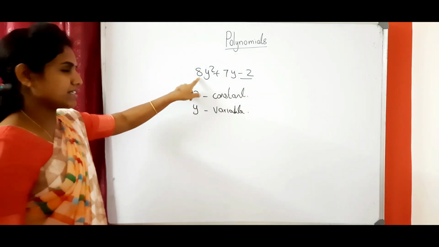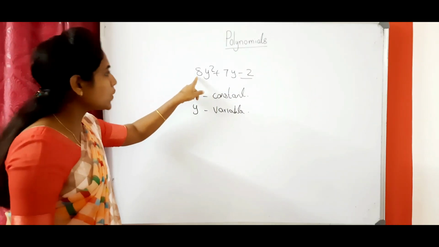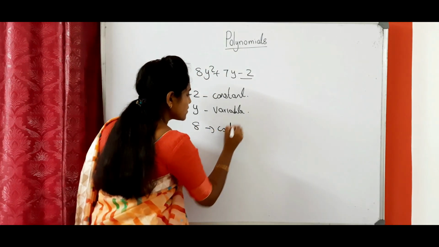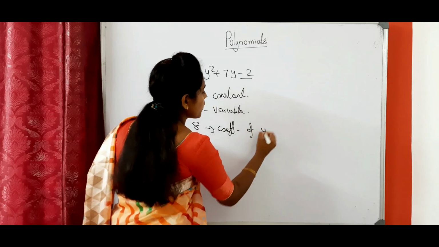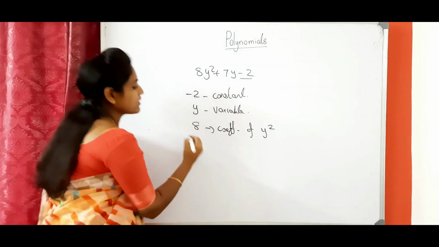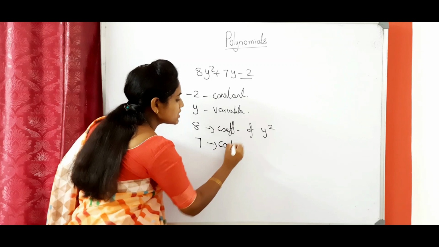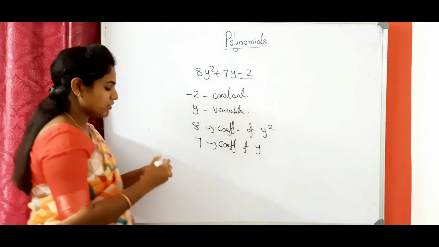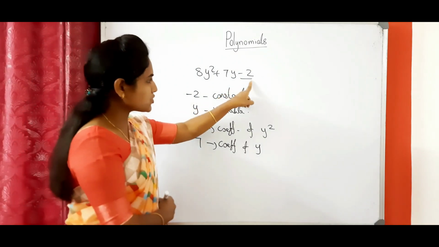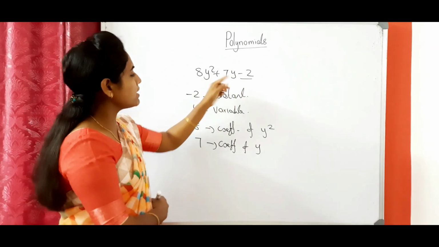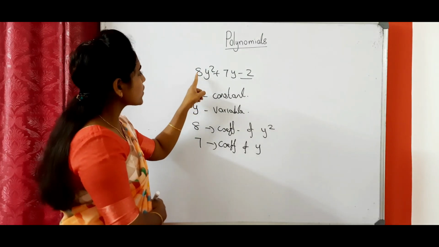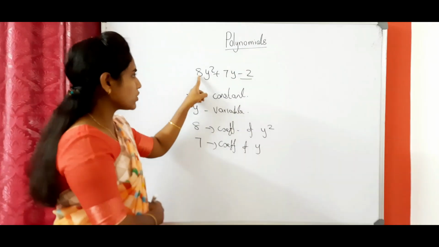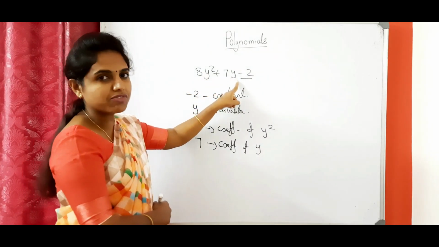Then 8 is the coefficient of y², and 7 is the coefficient of y. Minus 2 is a constant.